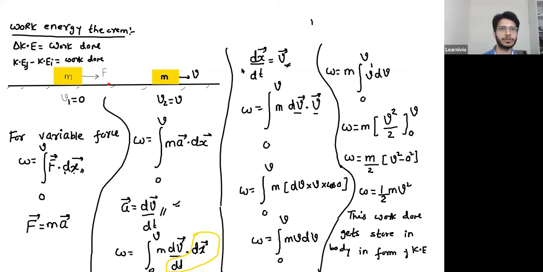This is the expression of work done. Final kinetic energy minus initial kinetic energy is work. Now to derive this work energy theorem, and when I say work done, it's the total work done.